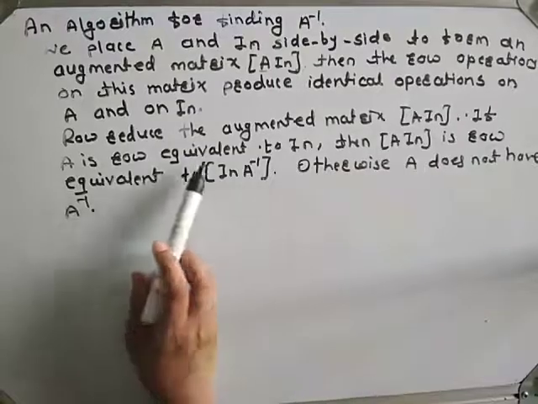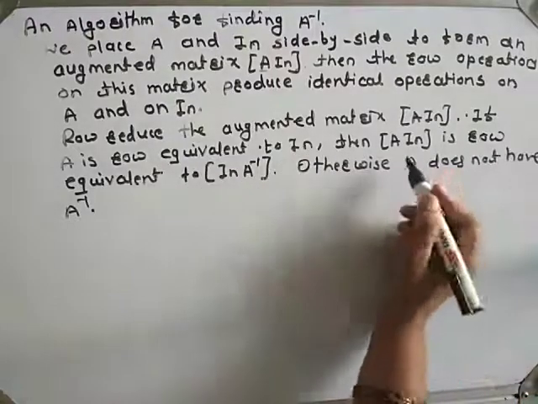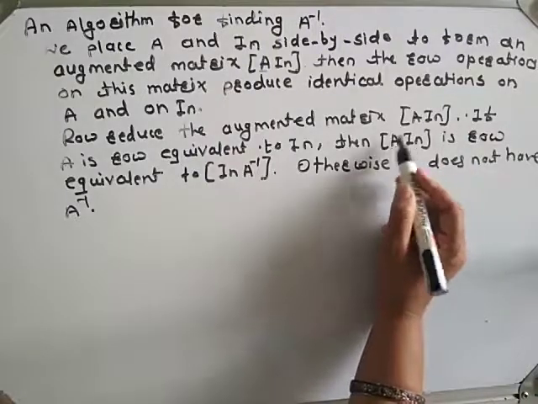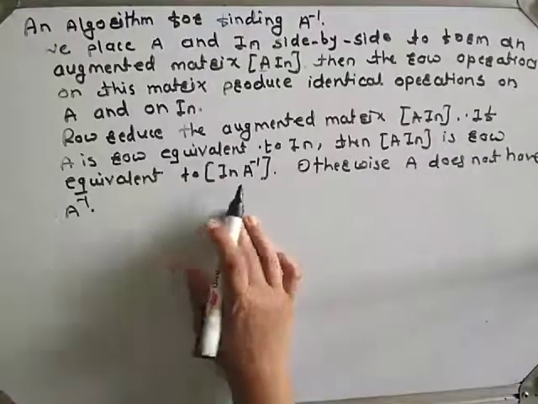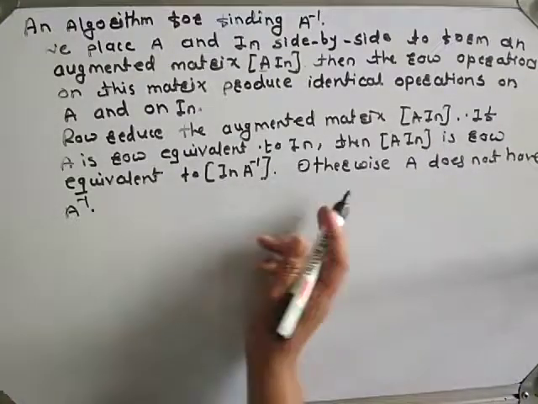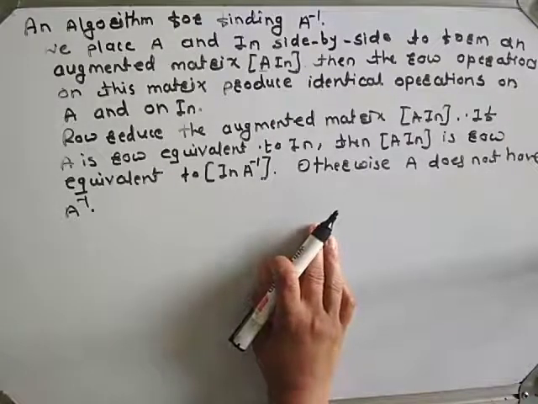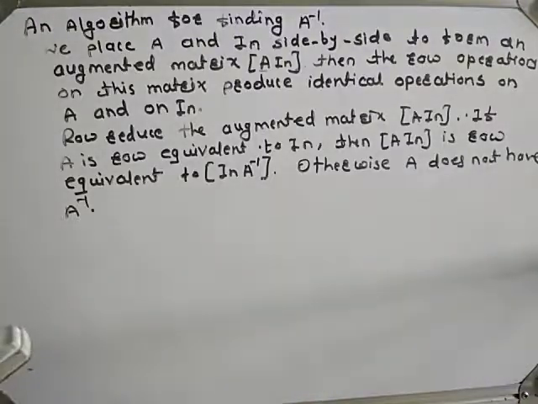If A is row equivalent to In, then this augmented matrix [A | In] is row equivalent to [In | A inverse]. Otherwise, A does not have an A inverse. We will see one example on this algorithm.